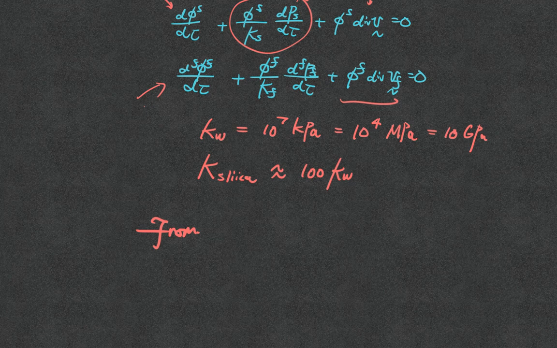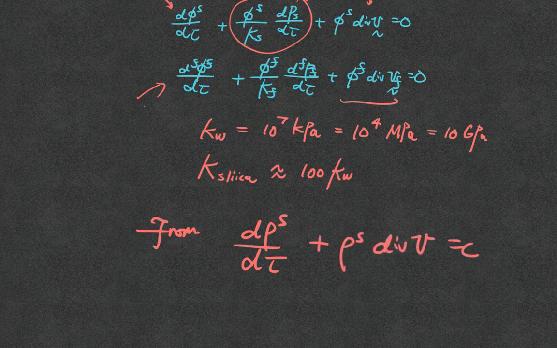we can write the equation: rho_s times T plus rho_s by V equal to 0.